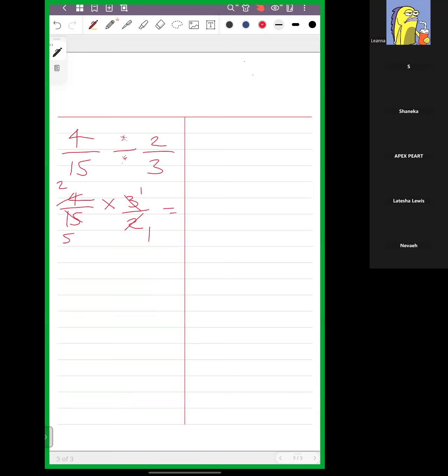So we end up then with 2 multiplied by 1 is in fact 2, and 5 multiplied by 1 is in fact 5. And since our answer has come out to be a proper fraction, then we leave it as it is there, as 2/5. Is it clear? Yes. Clear. Yes, sir.